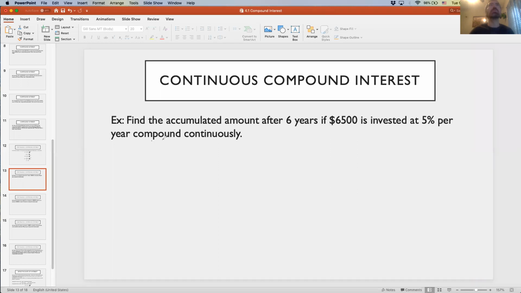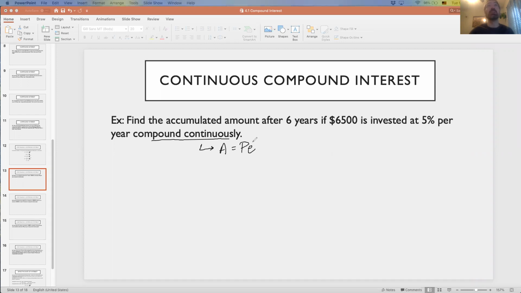All right, so we see this is compounded continuously. That's telling us that we're going to use this formula A equals P times E to the RT. So let's identify the variables. E is not a variable, E is a number.